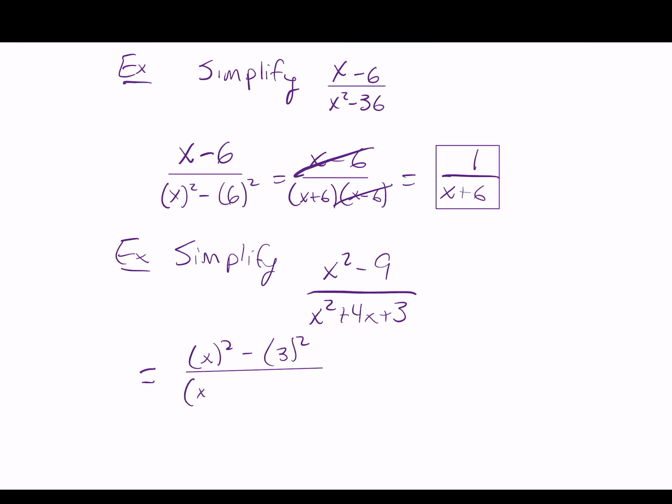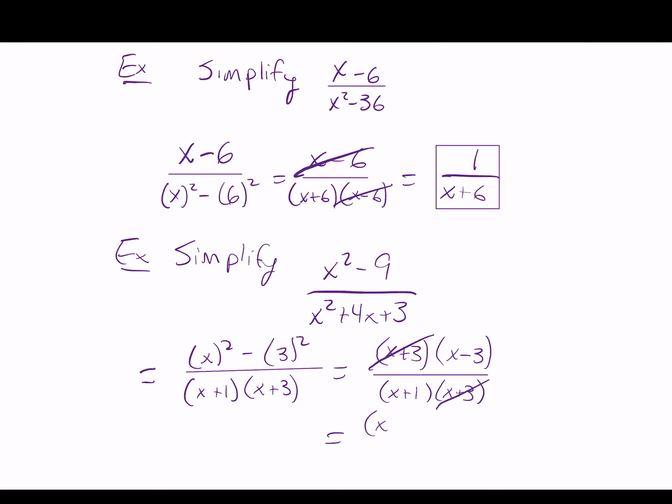That's 1 and 3, so x plus 1, x plus 3. And the numerator can be factored as x plus 3, x minus 3 because of the difference of squares. So we have x plus 1, x plus 3 in the denominator. So the x plus 3's cancel, and we're left with x minus 3 over x plus 1. And you can drop those parentheses.